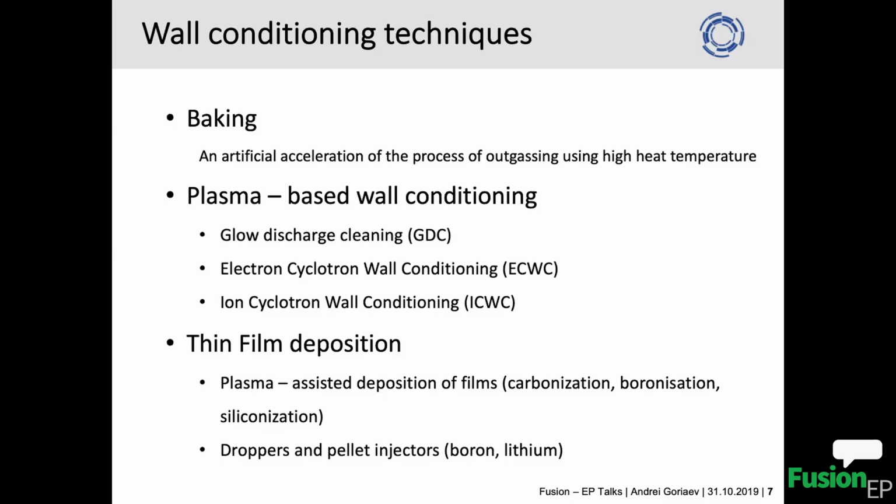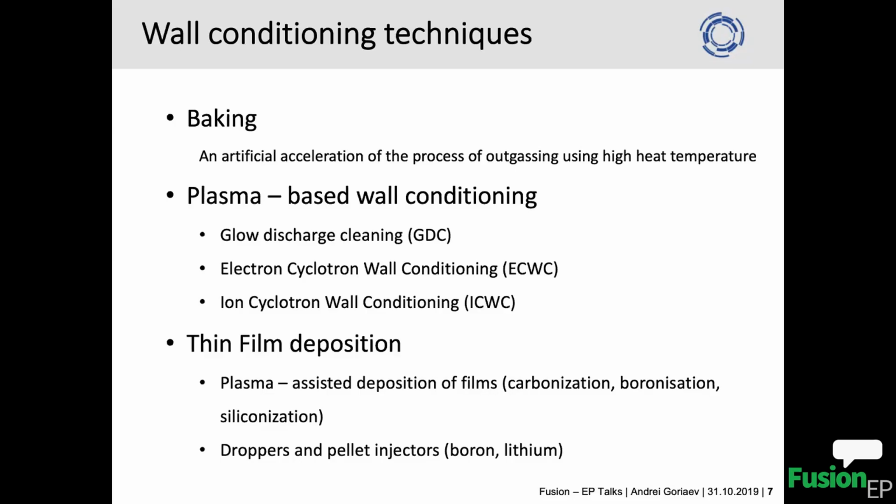Then we have plasma-based wall conditioning. So you use different types of plasma discharge to clean your device. I think the famous one is glow discharge cleaning. So you apply glow discharge and try to clean your fusion device further. If glow discharge is not applicable, we also have other types of wall conditioning techniques.